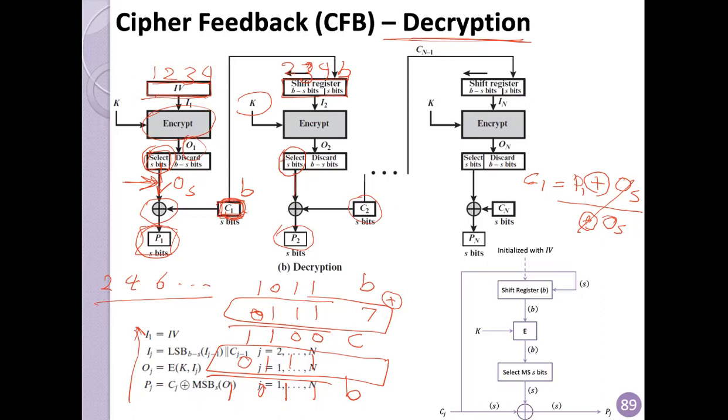And the interesting point about it, we don't need to do any decryption for this mode of encryption. Any encryption algorithm, whether DES, triple DES, AES, even asymmetric ones, if you use them in the CFB mode, you don't need to do any decryption.